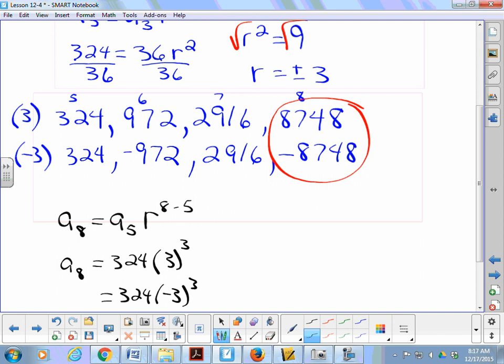You have to do it with both of them, because I don't know which one it is. So I have to have both. So either way, take 324, multiply by 3 times, or multiply by 3 to the third power, or negative 3 to the third power.